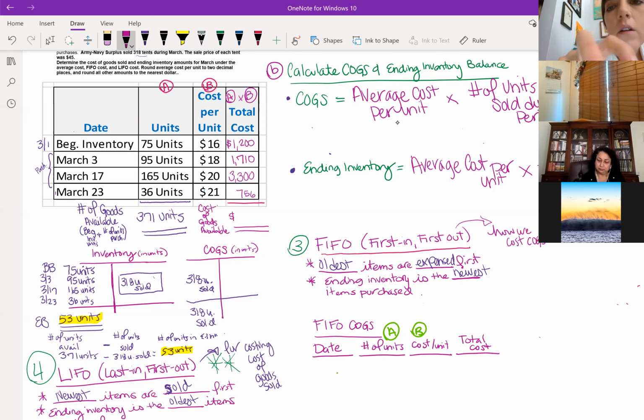We didn't sell all of these units during the period, but this is the total inventory value available during the period. When you calculate this, double check that you always have it correct. You'll want that number to be correct. What was the total cost of goods available? 6,966.